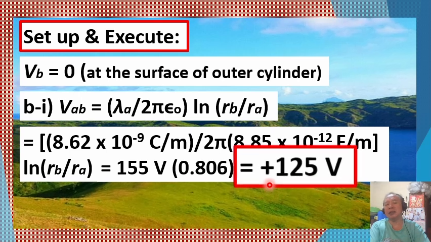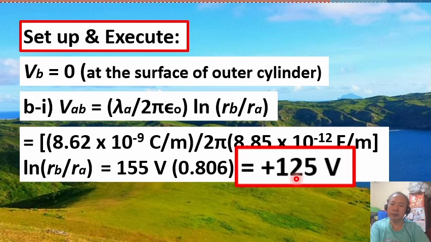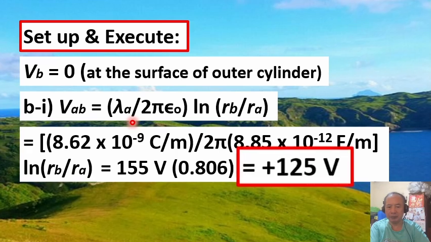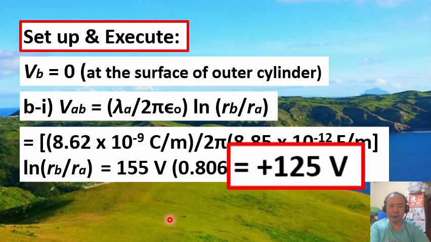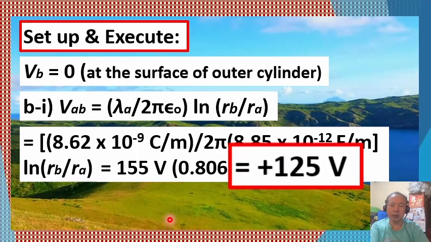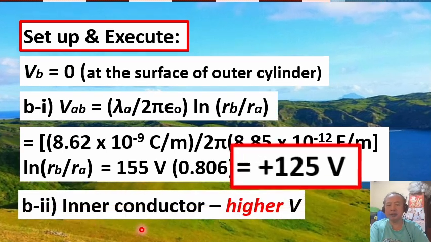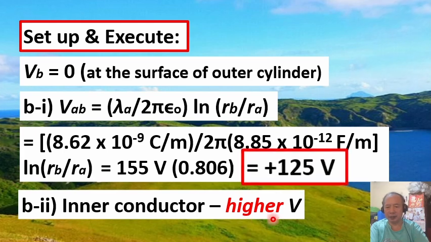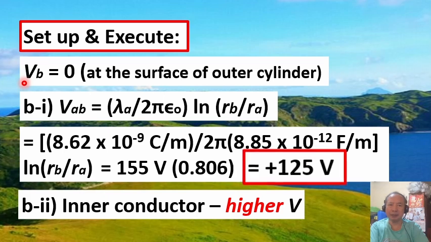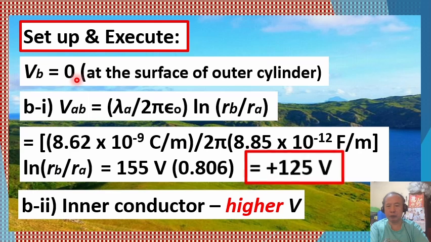We emphasize that the potential difference is positive because the value of lambda sub A is positive. With regard to the question, which of the two conductors is at higher potential, our answer is that the inner conductor is at a higher potential, because we already assumed that the electric potential at the surface of the outer conductor is equal to 0.